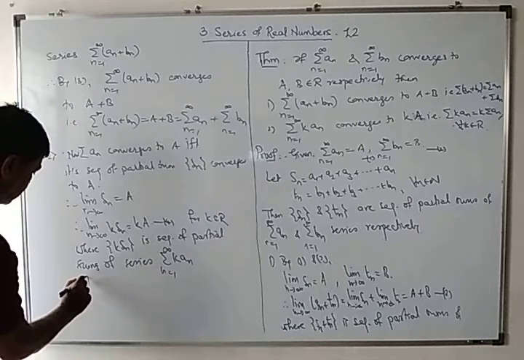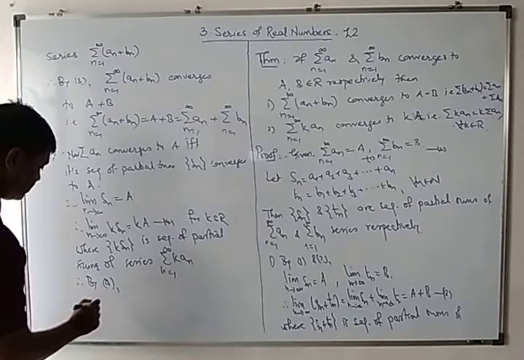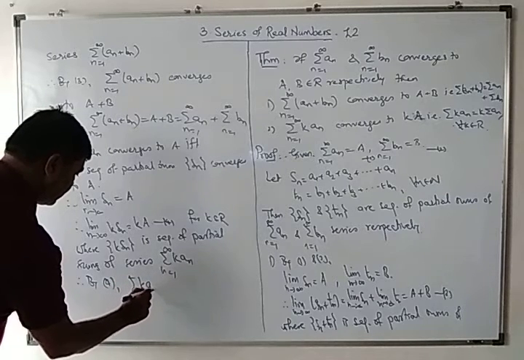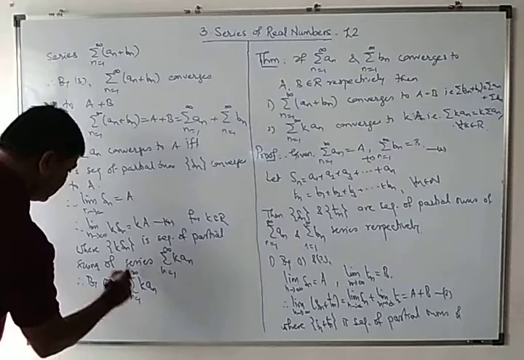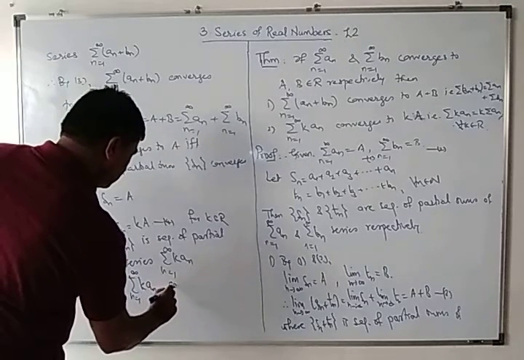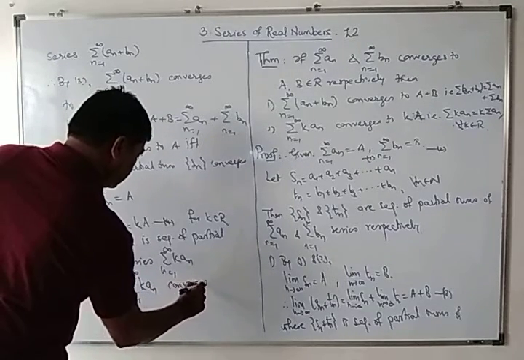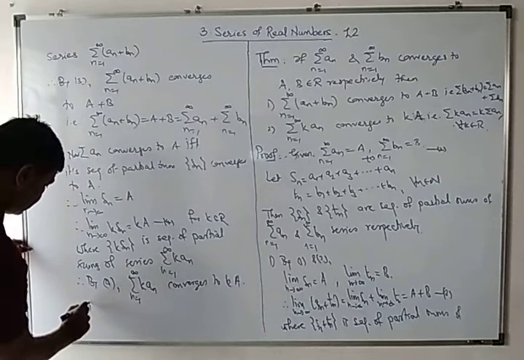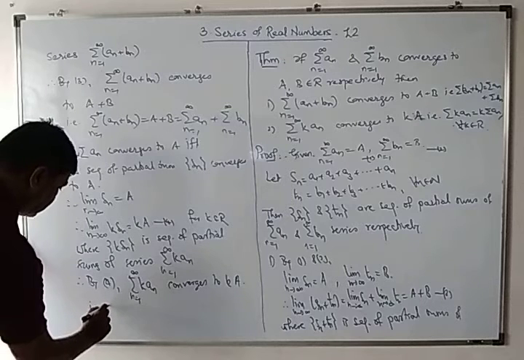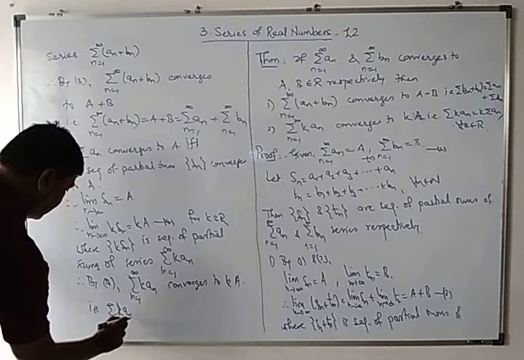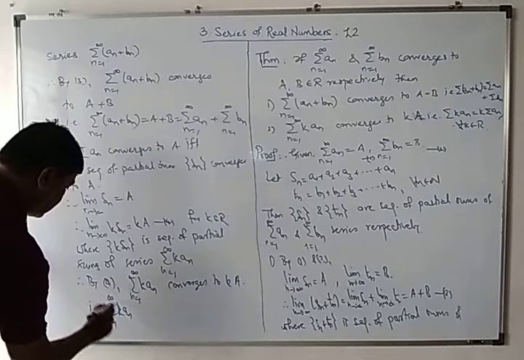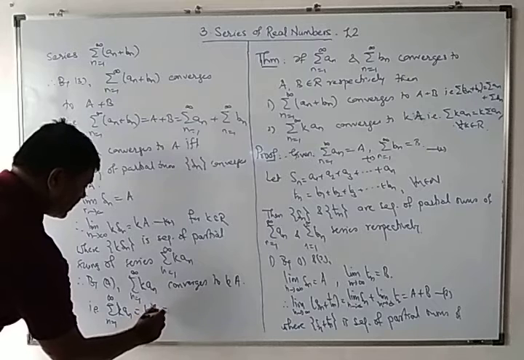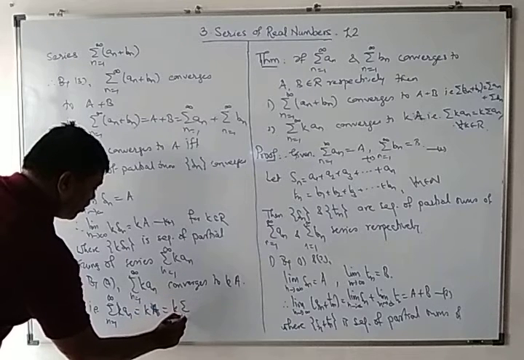Therefore by 4, summation k an, n equal to 1 to infinity, converges to kA, that is, summation k an, n equal to 1 to infinity, equal to kA, which is the same as k into summation of an.